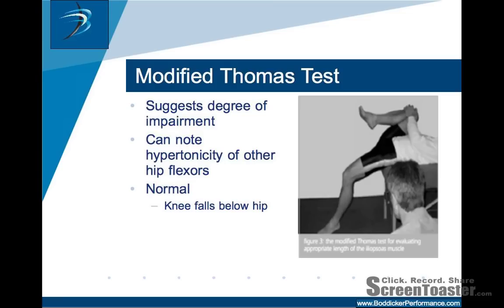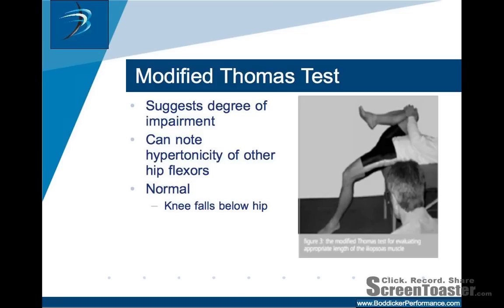Also, the modified Thomas test gets a pretty bad rap for reliability as a measure of the length of the psoas and other hip flexors. However, it's still a pretty reasonable one in my book. It can suggest the degree of impairment you found with the Yanda's sit-up. You can also note the hypertonicity of other hip flexors.